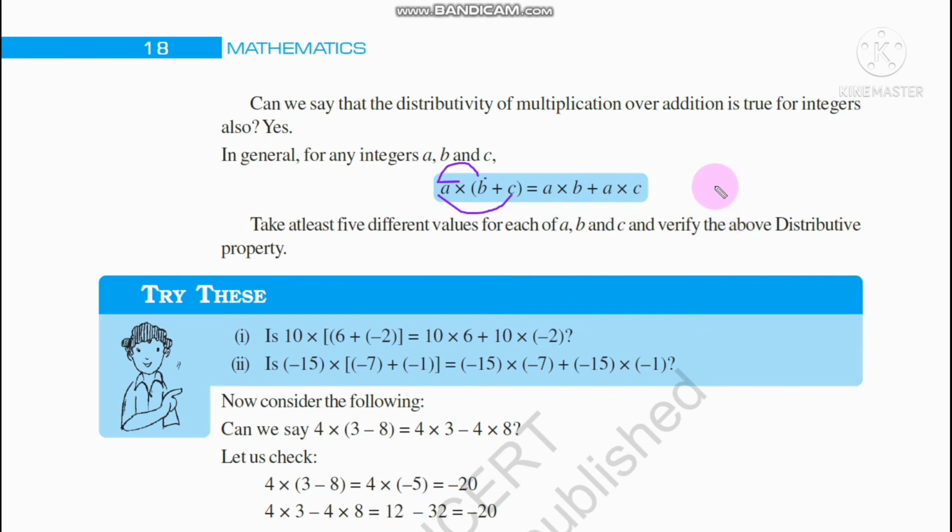In order to have a good practice, take any integers for A value, B value and C value and substitute them in the above equation and verify distributive property.